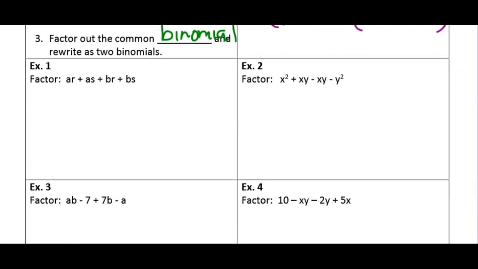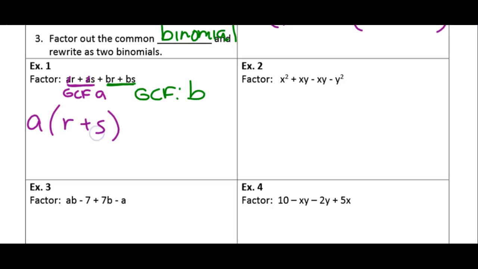Looking at example 1, I'm going to group those 2 because they have a GCF of A. And then I'm going to group these 2 because they have a GCF of B. Sometimes, like I said, you have to move them around. Sometimes they just work out. That first group had a GCF of A, and when I remove A from each term, what's left?